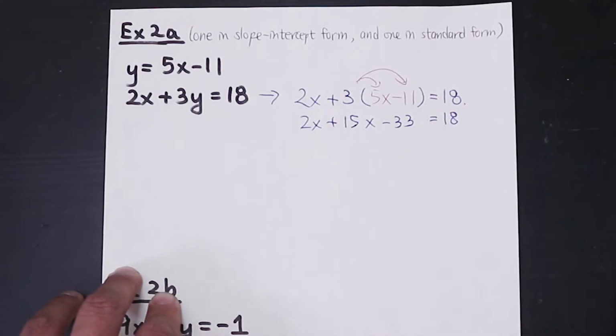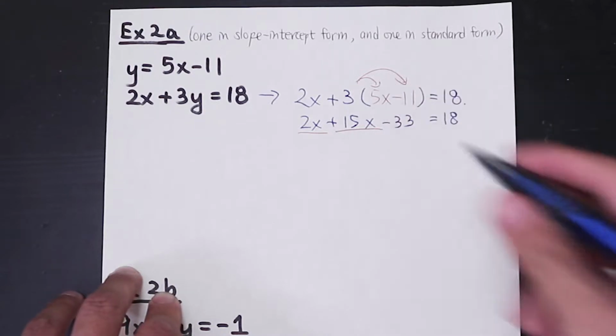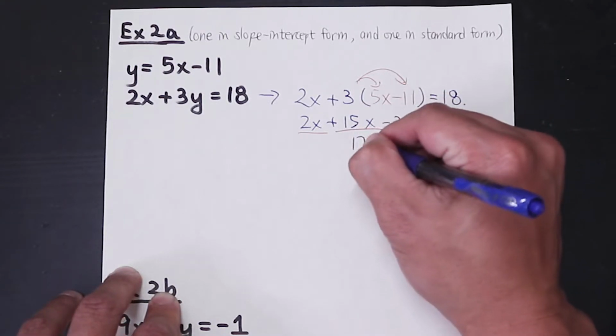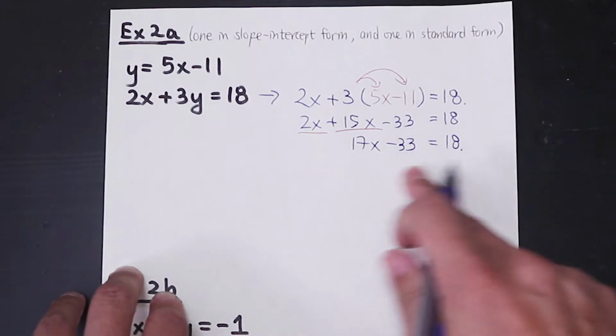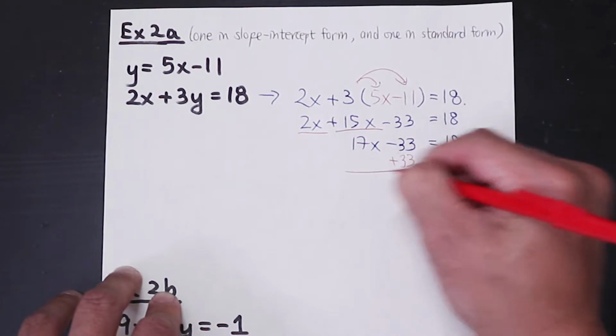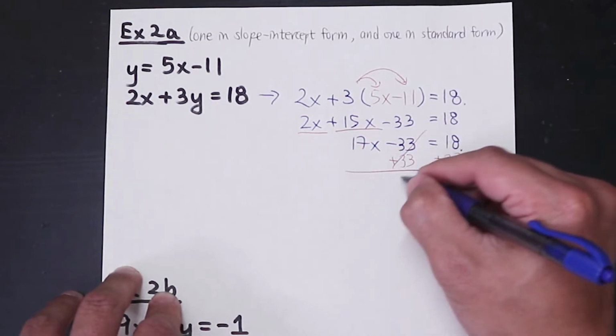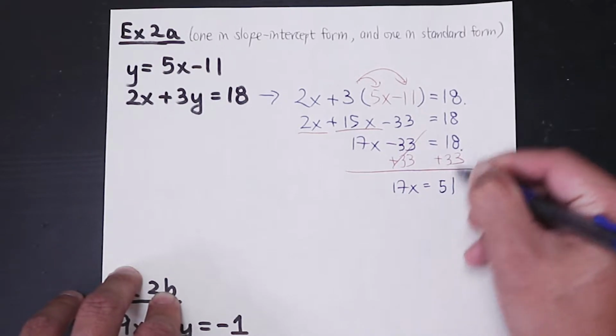And then on the left side, you're going to combine like terms. I see that 2x and positive 15x are like terms, so you combine them, and you get 17x minus 33 is equal to 18. Well, to solve this two-step equation, I add 33 on both sides, and then you get 17x is equal to 18 plus 33, which is 51.